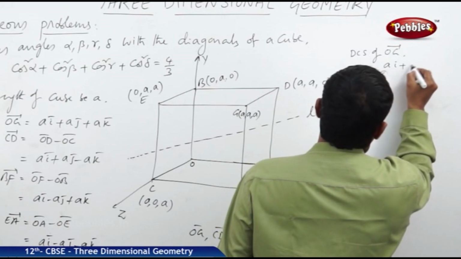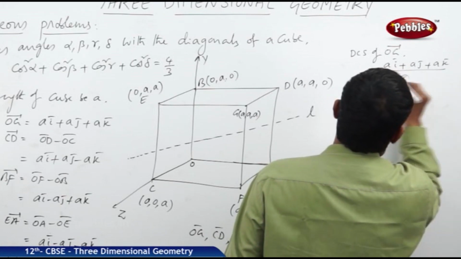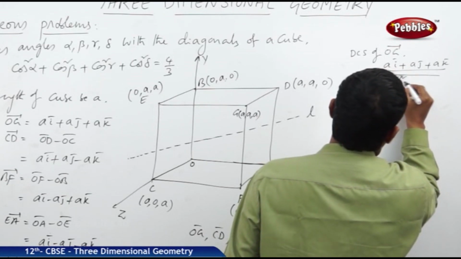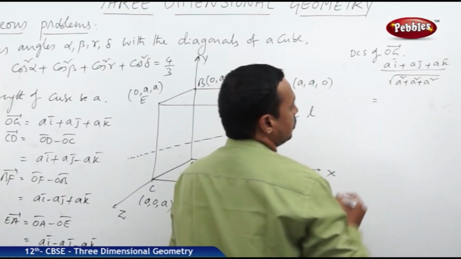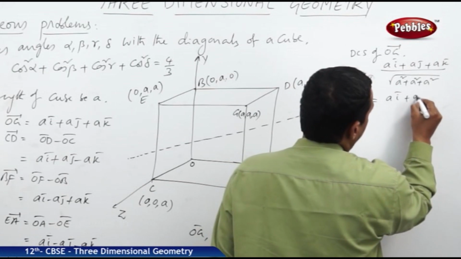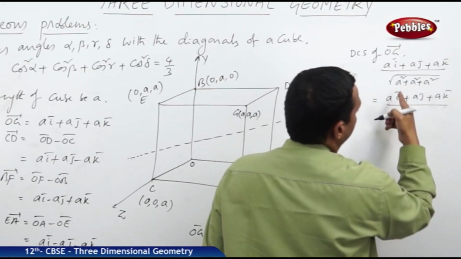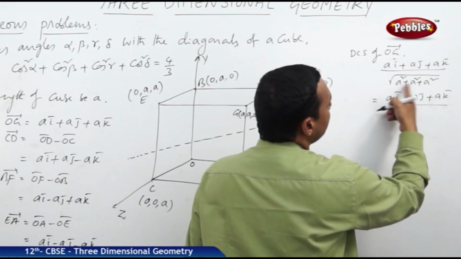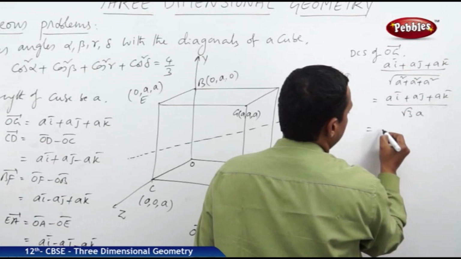AI plus AJ plus AK by root of A square plus A square plus A square, that is AI plus AJ plus AK by root of 3 into A square, that is root 3 A. So clearly A cancels.